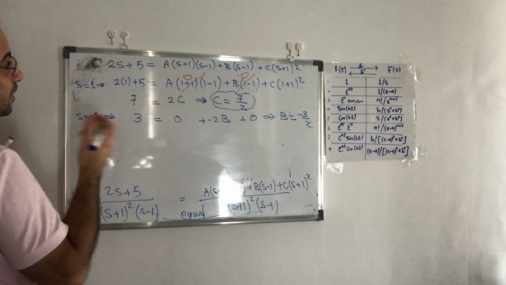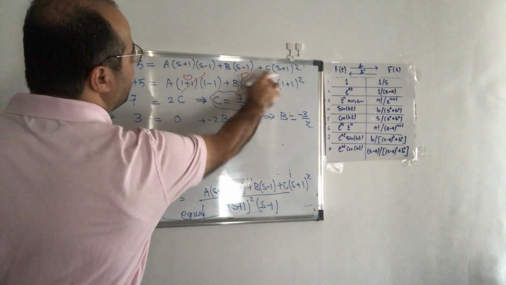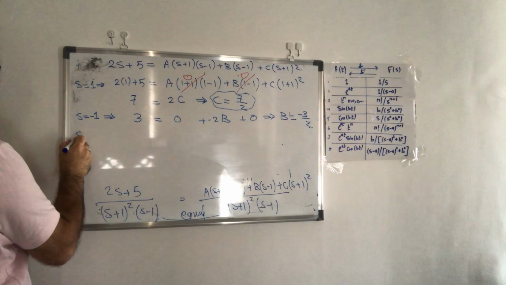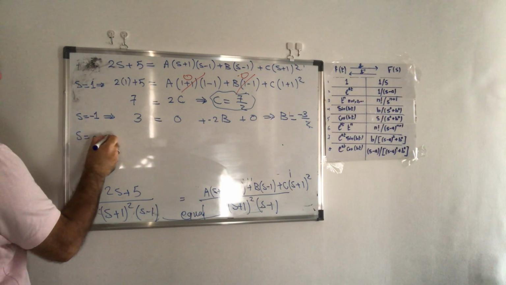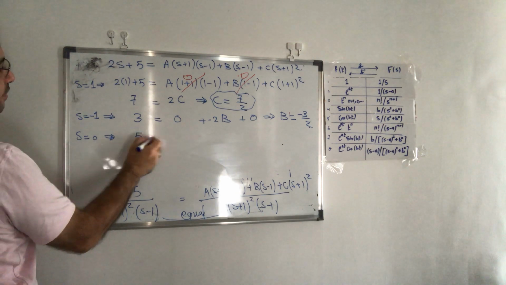Now let me go with another s. I'm running out of values of s that make all or most of the terms 0. The easiest s that I can use is s equals 0. If you plug s equals 0 in here, you get 5.